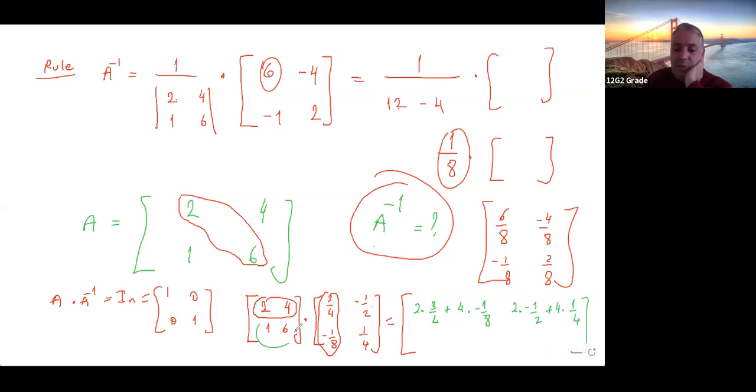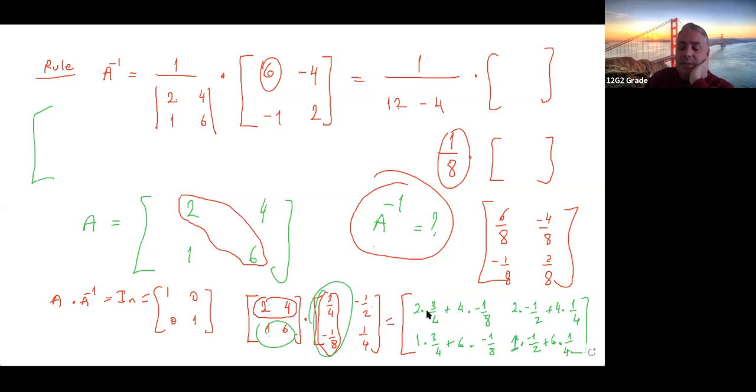And then the second row: 1 times 3 over 4 plus 6 times negative 1 over 8, and 1 times negative 1 over 2 plus 6 times 1 over 4. So what will be this result? Let me copy paste the result here.